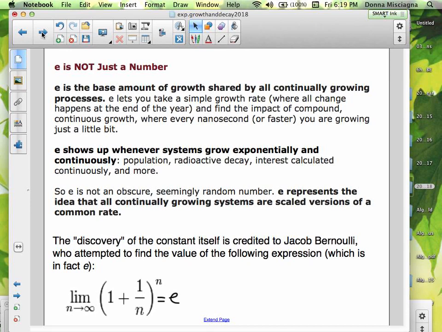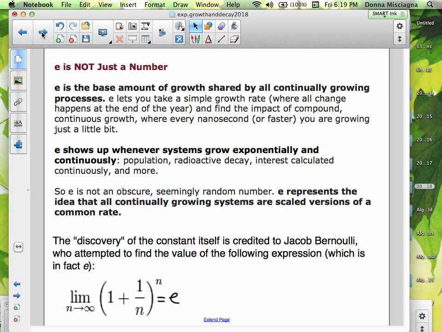The discovery of the constant itself is credited to Jacob Bernoulli, who attempted to find the value of the following expression, which is in fact e. So the limit as n goes to infinity, in other words, as my n there gets larger and larger and larger, that limit that we are approaching is the constant e.